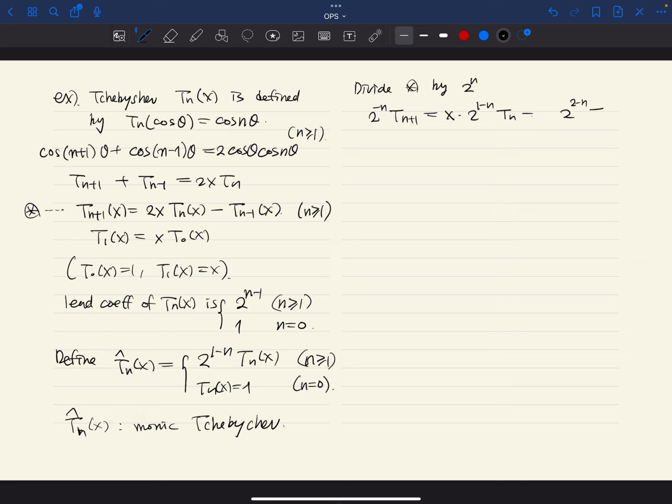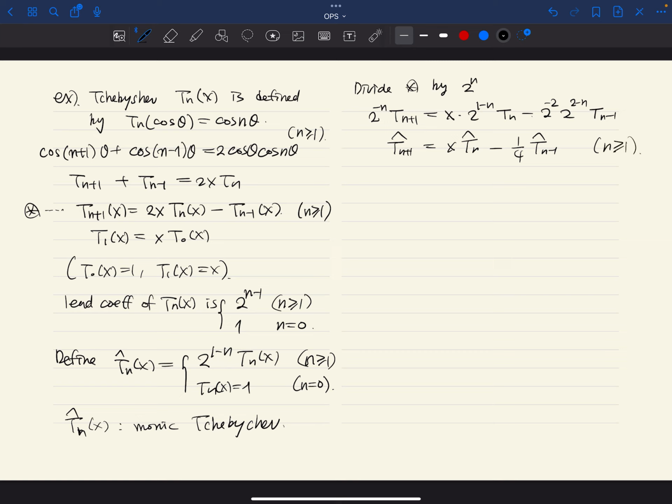We want this to be 2 to the 2 minus n, right? So this means T hat n+1 equals x times T hat n minus 1 over 4 T hat n-1, if n is greater than or equal to 1.